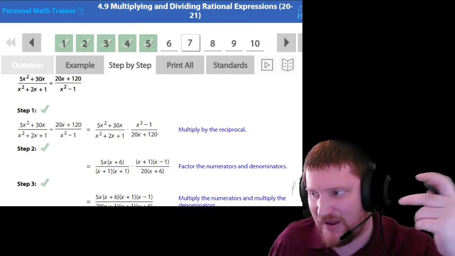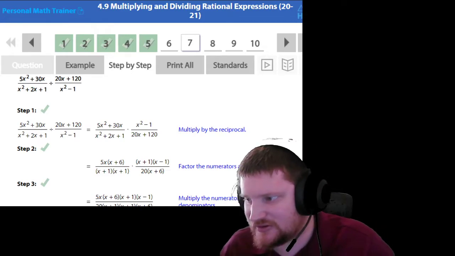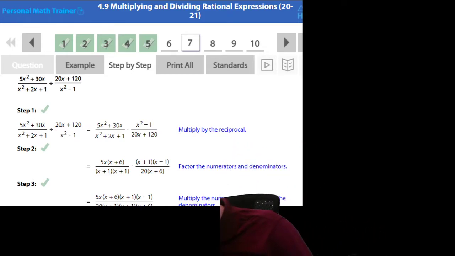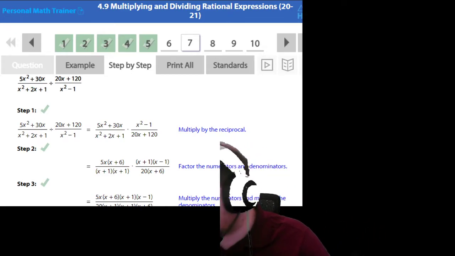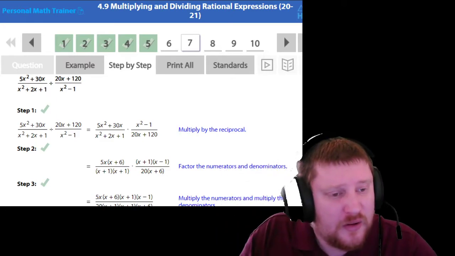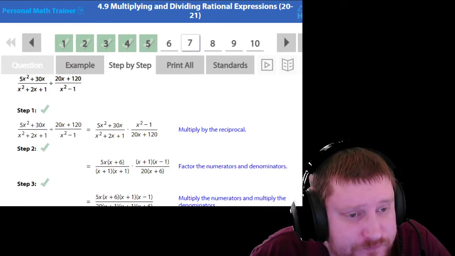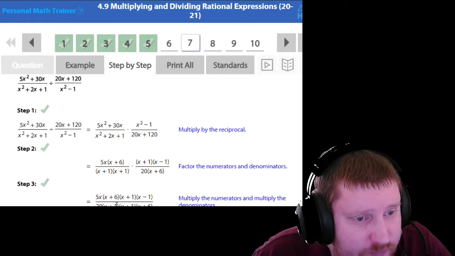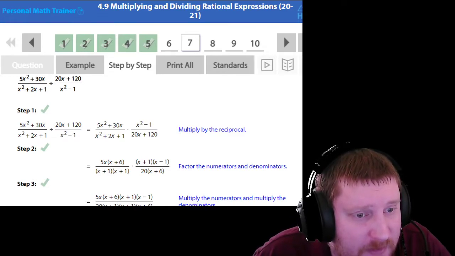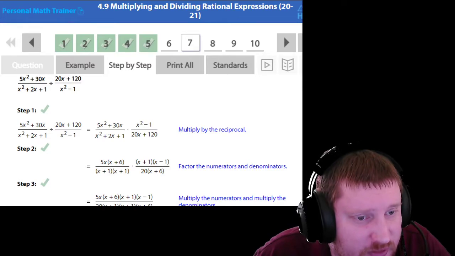That's all that can be there. I don't understand. One sec. If you plug in -1, this all equals 0.